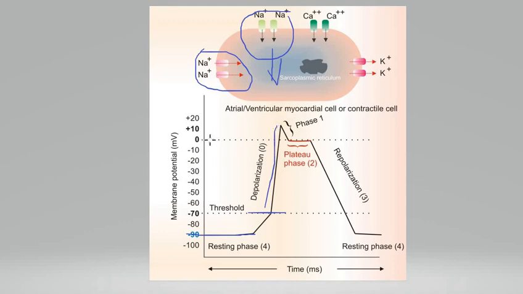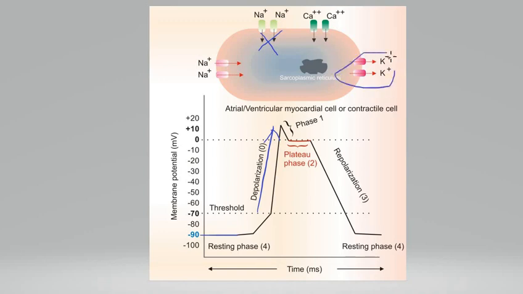Once the membrane potential reaches 10 millivolt, the sodium channel is closed, and at the same time the potassium channel is opened, and it starts releasing a huge number of potassium ions outside of the cell. This leads to gaining of electronegativity of the cell, and the transmembrane potential goes from plus 10 millivolt to 0 millivolt.